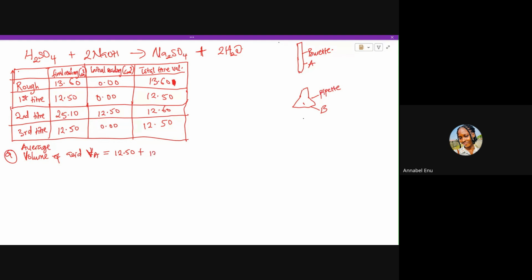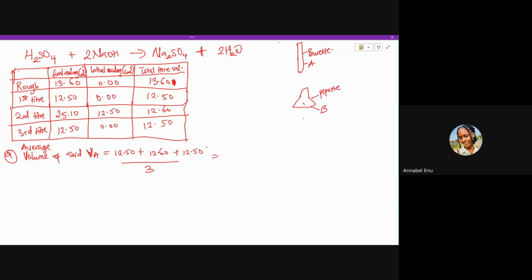Plus 12.60 plus 12.50 again. These are concordant to each other, because it doesn't exceed a 0.2 difference. Now all divided by 3.